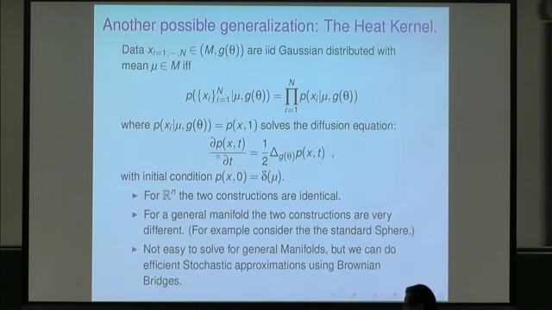If you look at just the standard sphere, we can write down the kernel, not explicitly, but implicitly in terms of the spherical harmonics, with e to the minus eigenvalues of the Laplace-Beltrami operator on the sphere, and that looks very different from e to the minus distance squared on the sphere. Now the problem with this model is that it is not easy to solve for general manifolds.